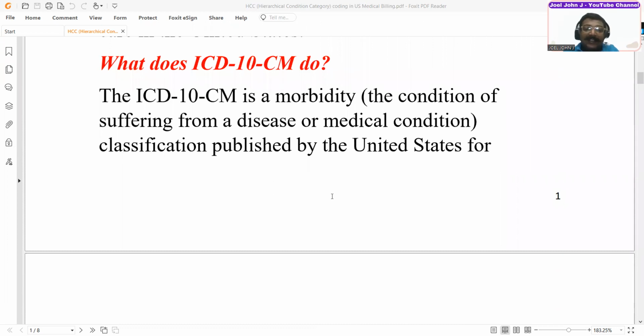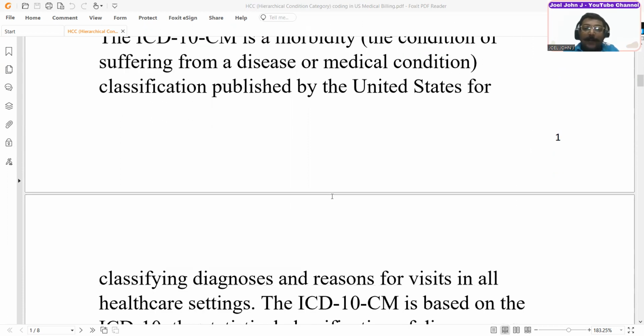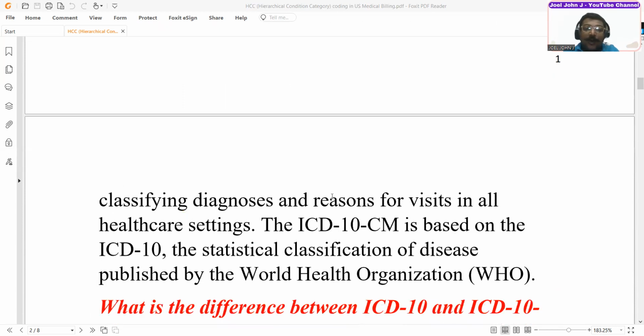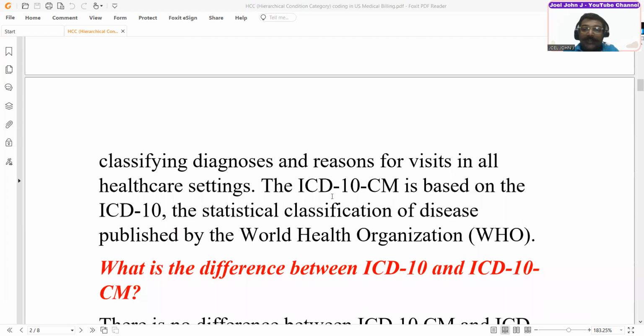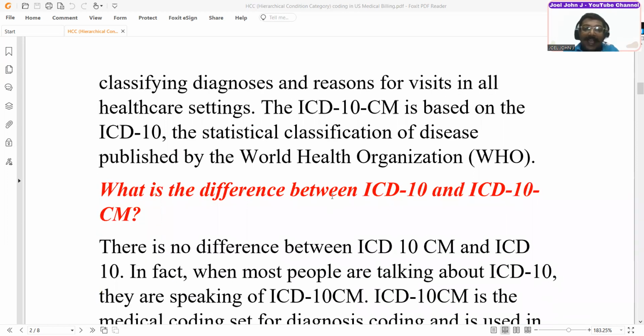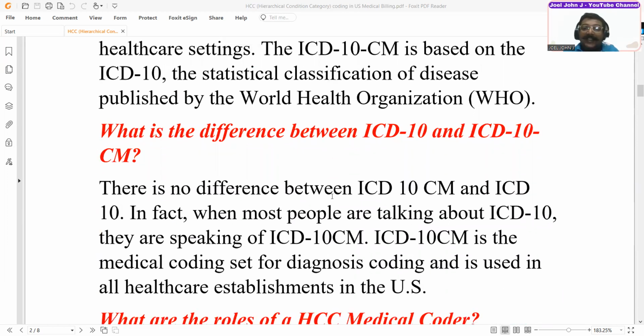The ICD-10-CM is a morbidity, the condition of suffering from a disease or medical condition, classification published by the United States for classification of diagnosis and reason for visit in all healthcare settings. The ICD-10-CM is based on the ICD-10, the statistical classification of diseases published by the World Health Organization.